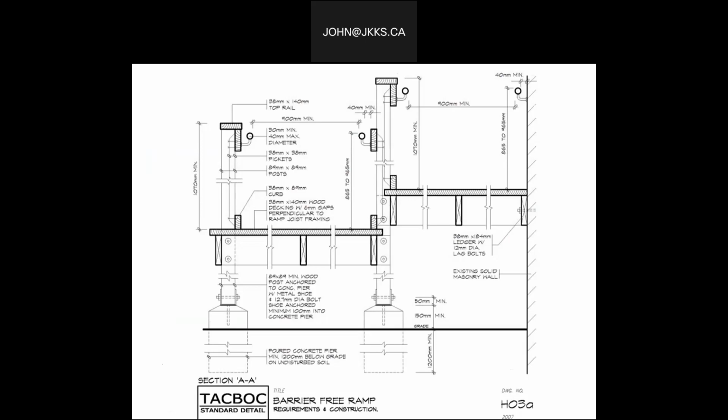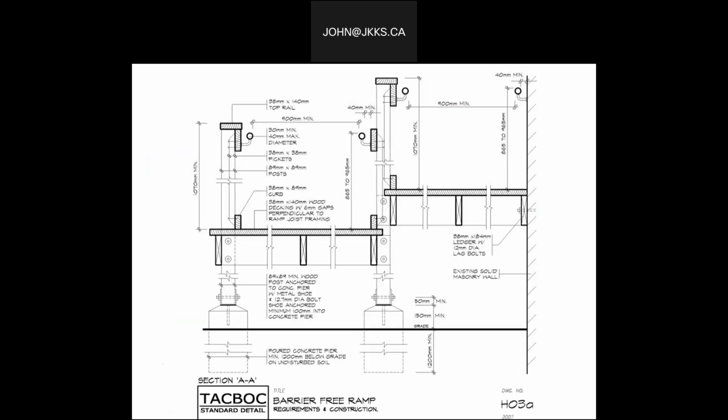So again, what about the attachment to the house itself? Now, mind you, it shows in this illustration an existing solid masonry wall. Well, the same really can apply to wood frame construction, even with, let's say, vinyl or metal type siding. So again, some good details available.